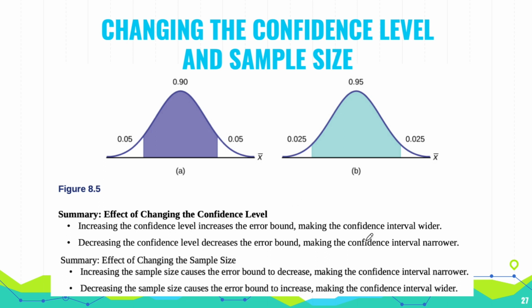So how does that work? If you wanted to be only 50% sure of something, you would have a really narrow range. That's okay if you don't need to be right, but you want to have a very precise and small interval. However, if you wanted to be super sure, you would want to choose a 90% or 95% confidence level, but that might mean you have a wider range.